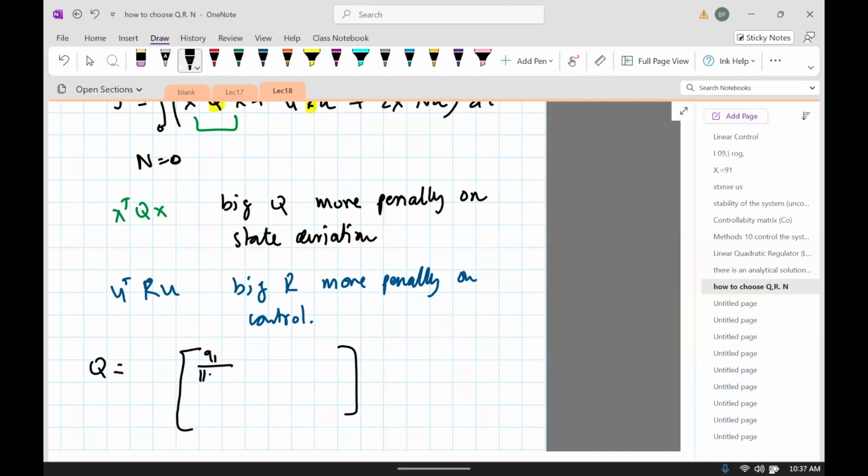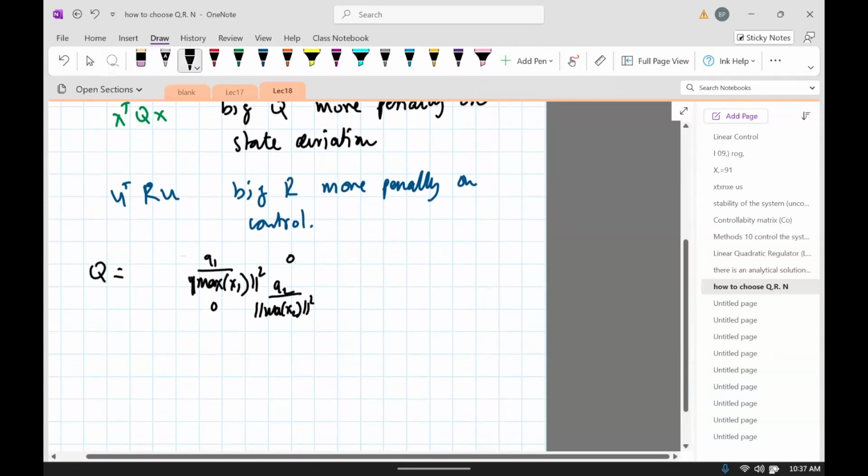So let's say the first state is x1. So take the max of the state. Let's put it max x1 square, Q2 max x2 square, and so on. So you make a diagonal matrix like this.